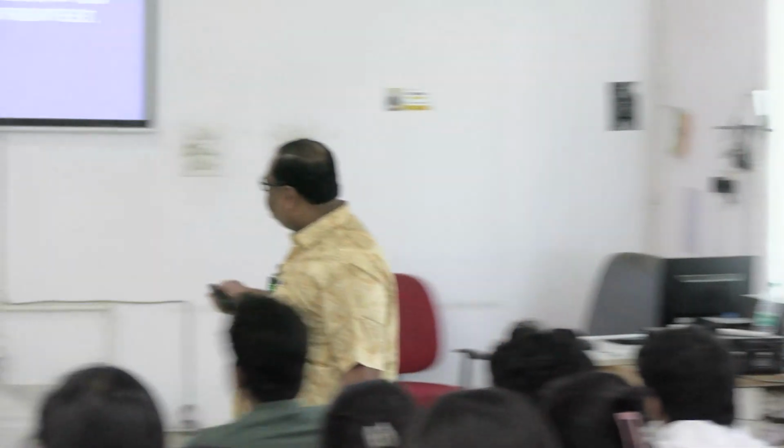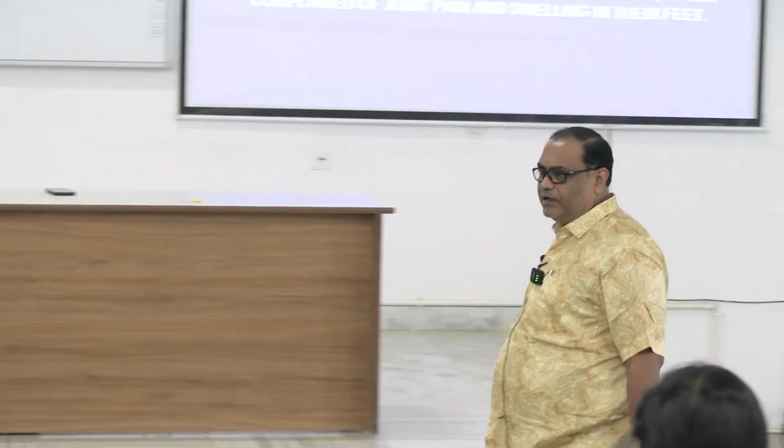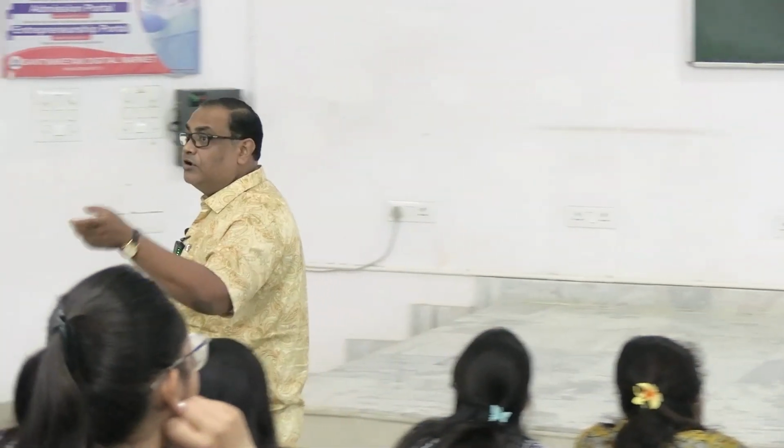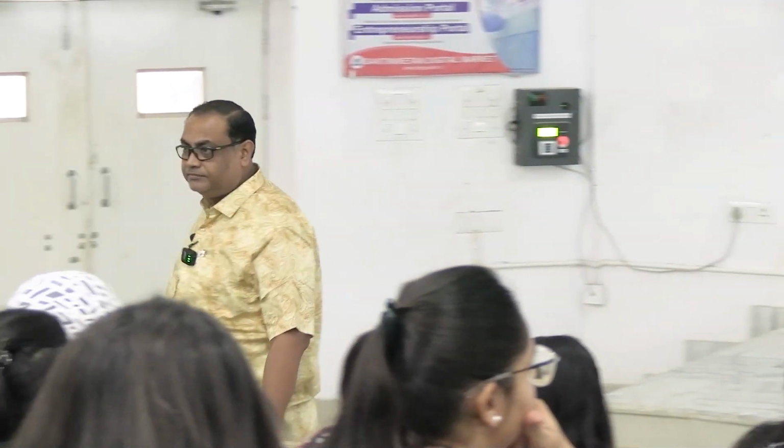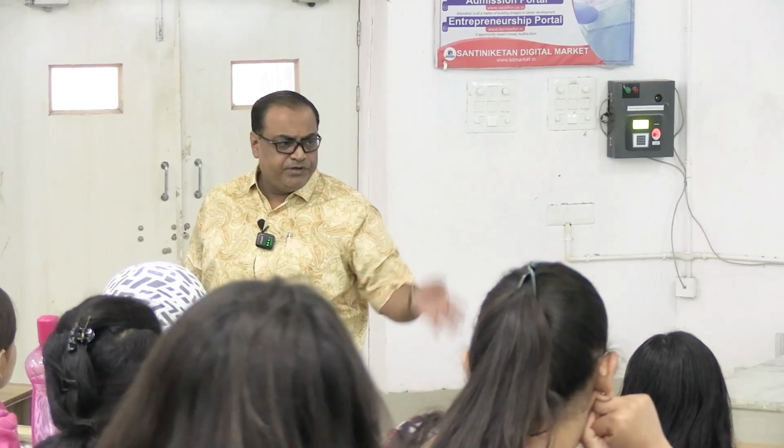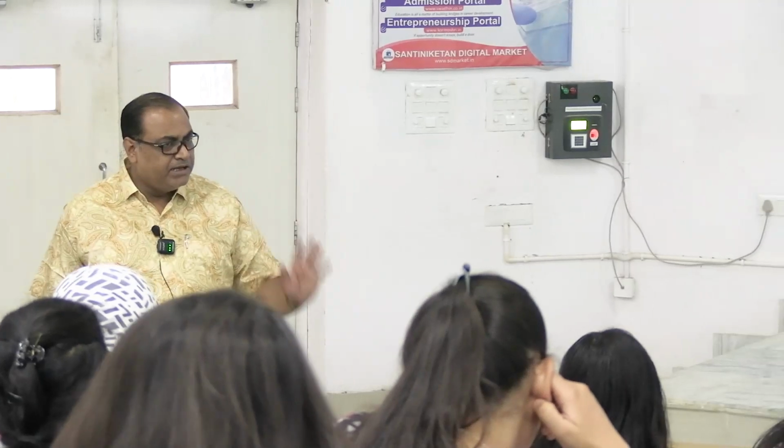After some time, if you measure, then the uric acid value will come down. That means he is having acute gouty attack. If it doesn't come down, that means he is having chronic gouty attack. After changing lifestyle, if uric acid concentration does not come down, that means he is having chronic problem.